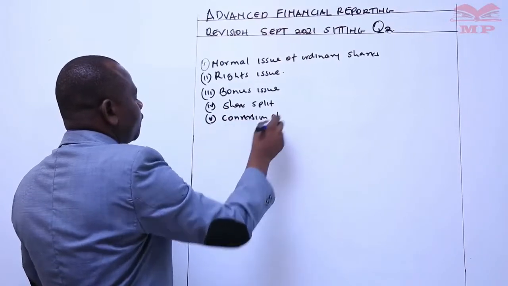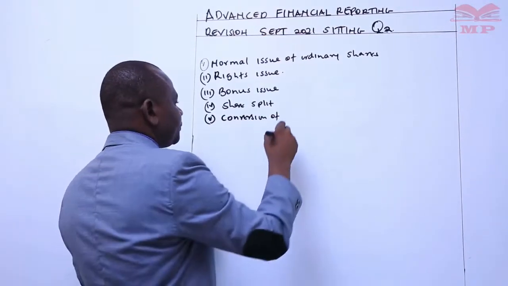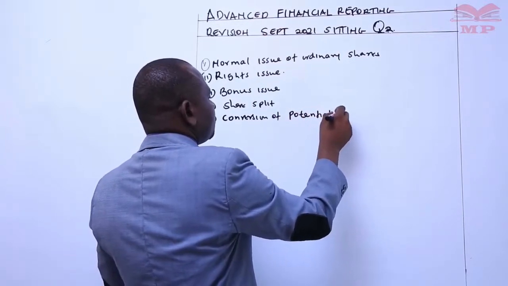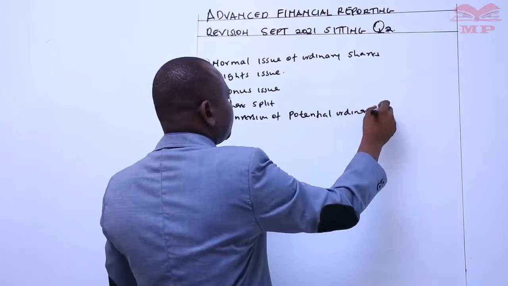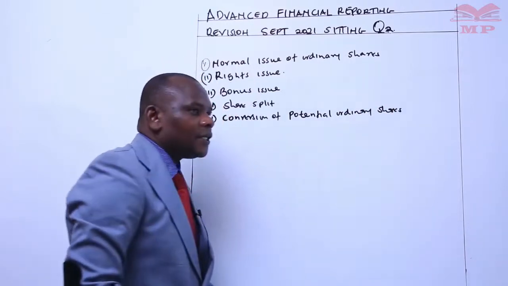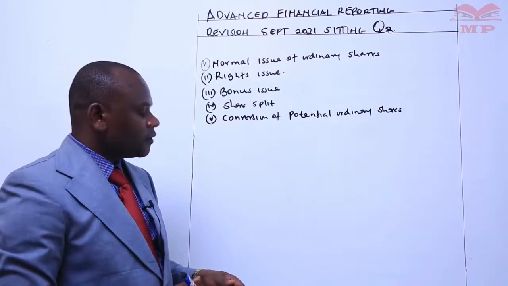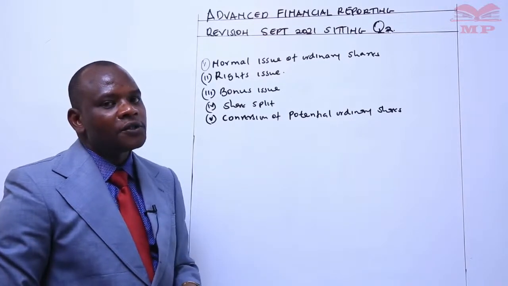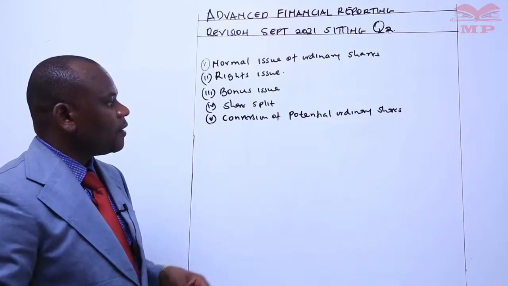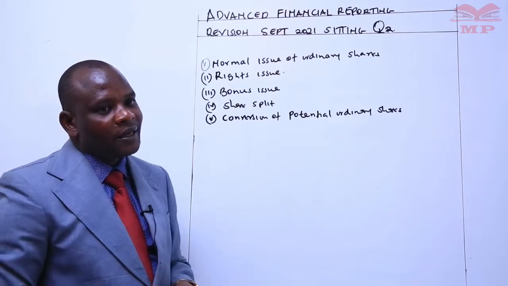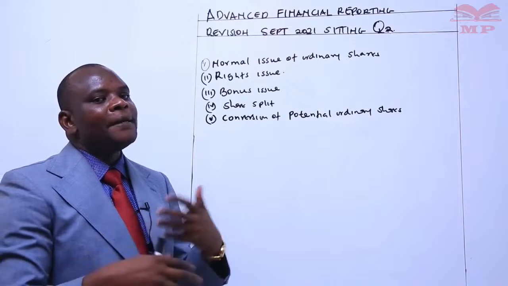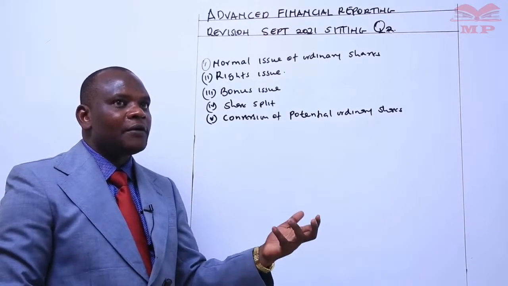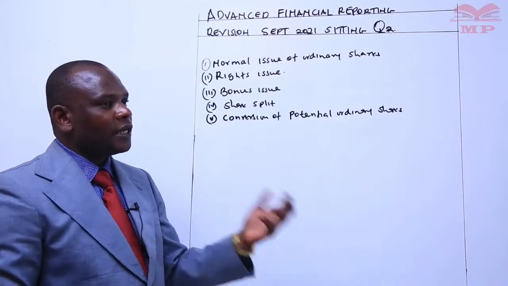conversion of potential ordinary shares. Now, when you talk of potential ordinary shares, I mean those financial assets like convertible loan stock, convertible debentures, convertible bonds that have the ability of making the holder become an ordinary shareholder at a future date.